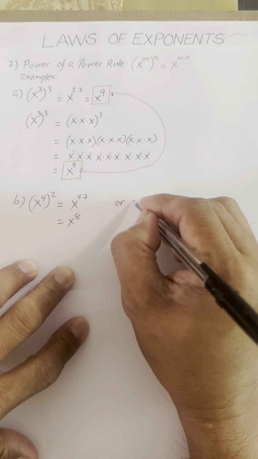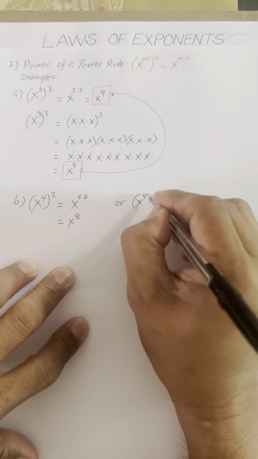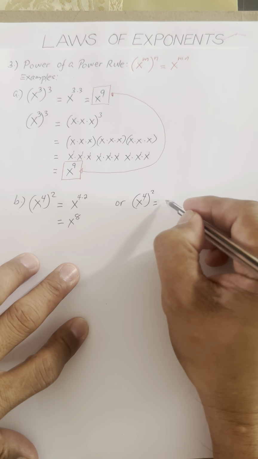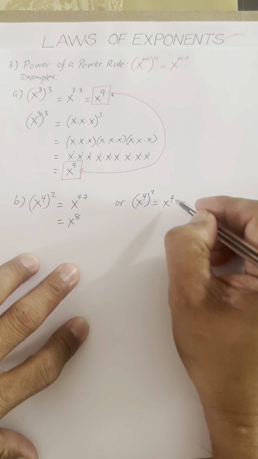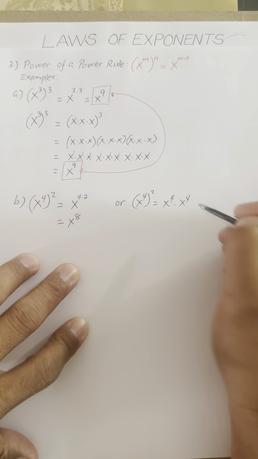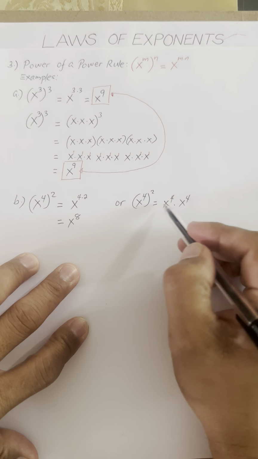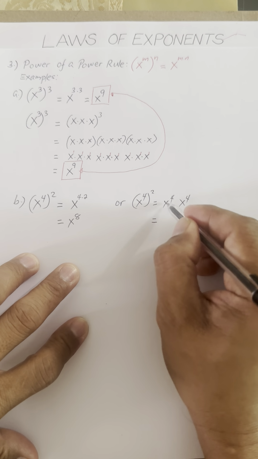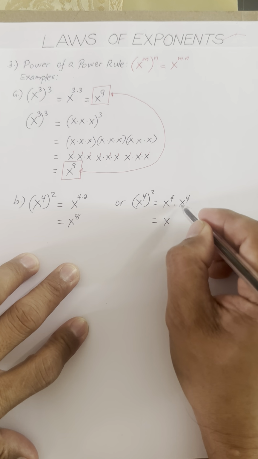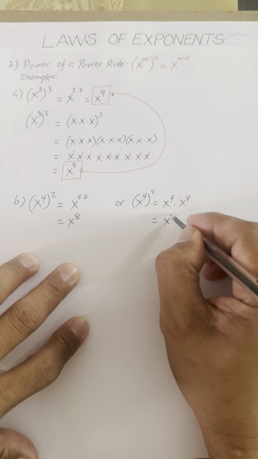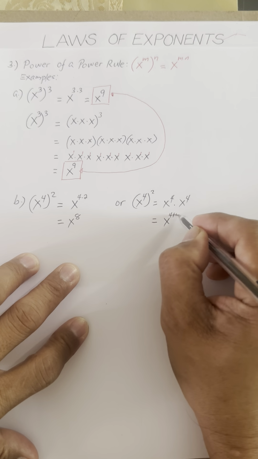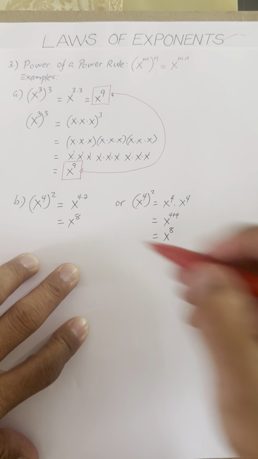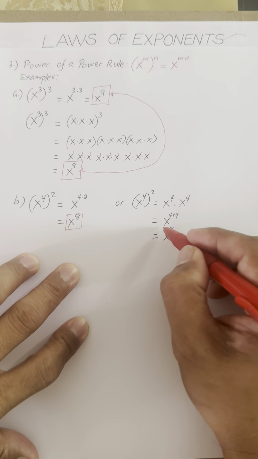We can rewrite this as x to the power 4 raised to a power 2, which is the same as x to the power 4 times x to the power 4. And then using rule number 2, we can rewrite this as x to the power, they have the same base, copy the common base, and then add the powers or the exponents. So we have x to the power 8. Okay, same as this.